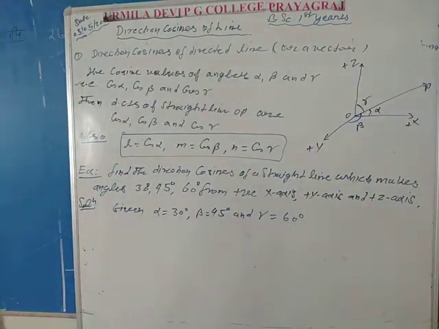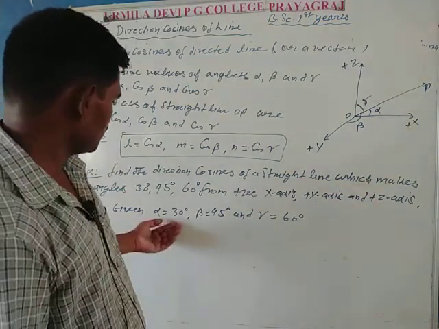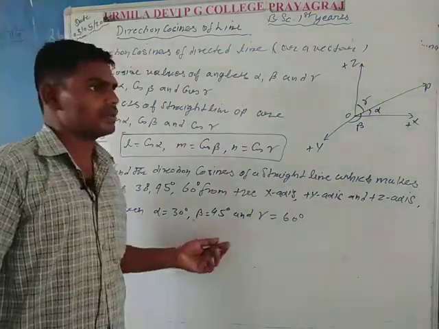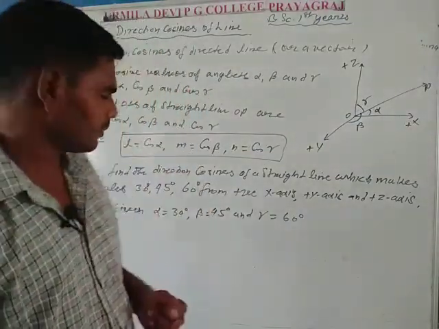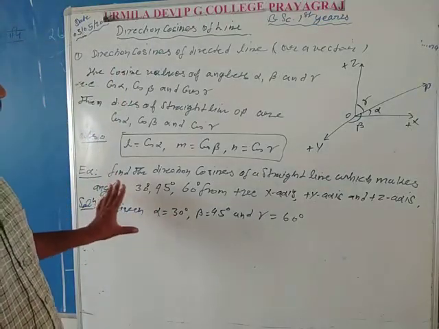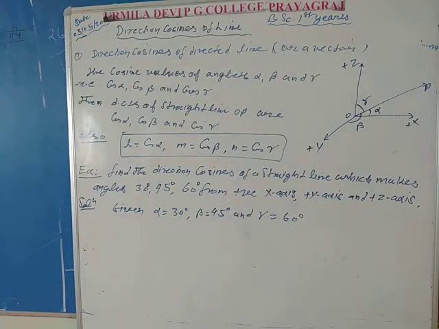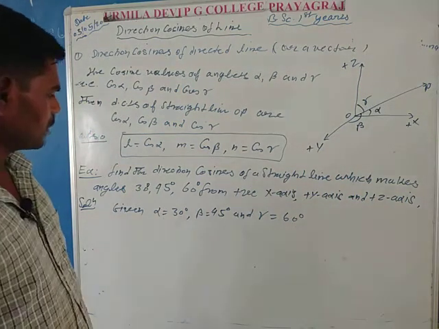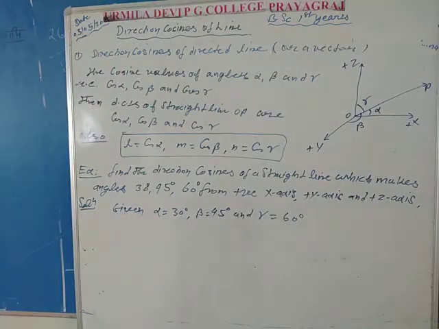These angles are clear from the question. Then to find the direction cosines, you can use the formula directly.